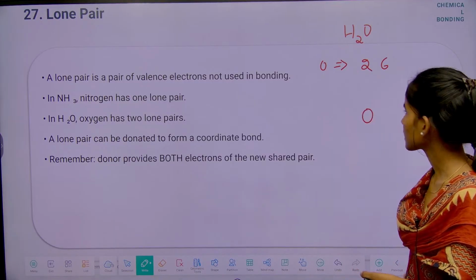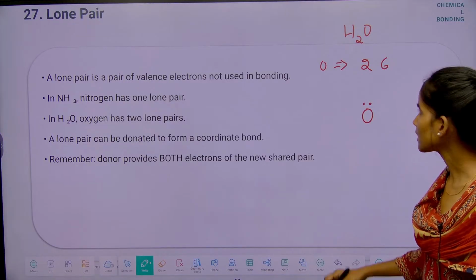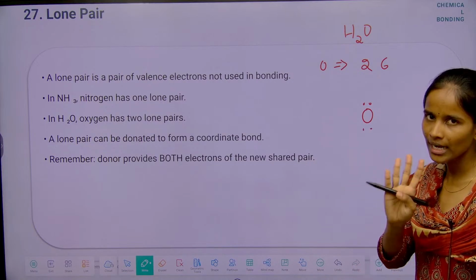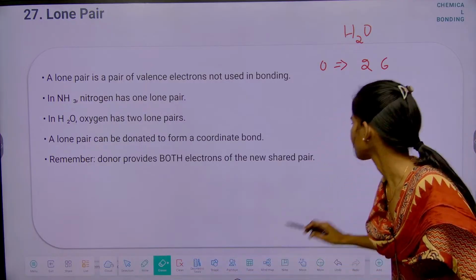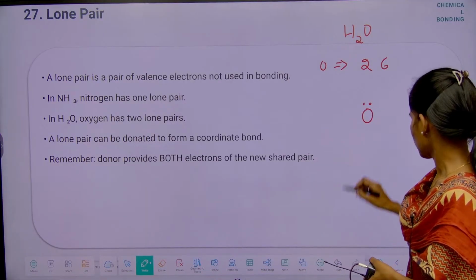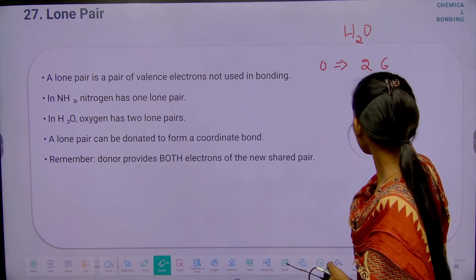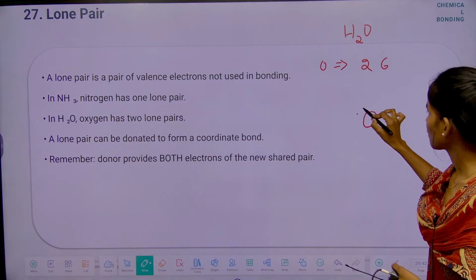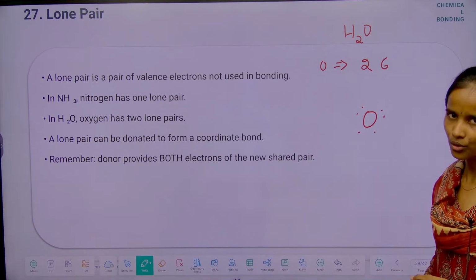Take oxygen, with 2 valence electrons here, 2 electrons here, 2 electrons here, and the remaining 2 electrons here, total 6 electrons.